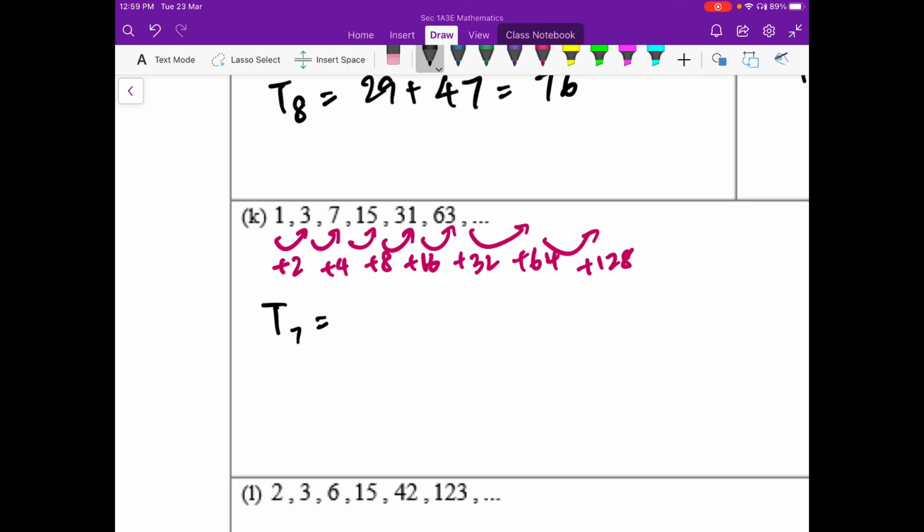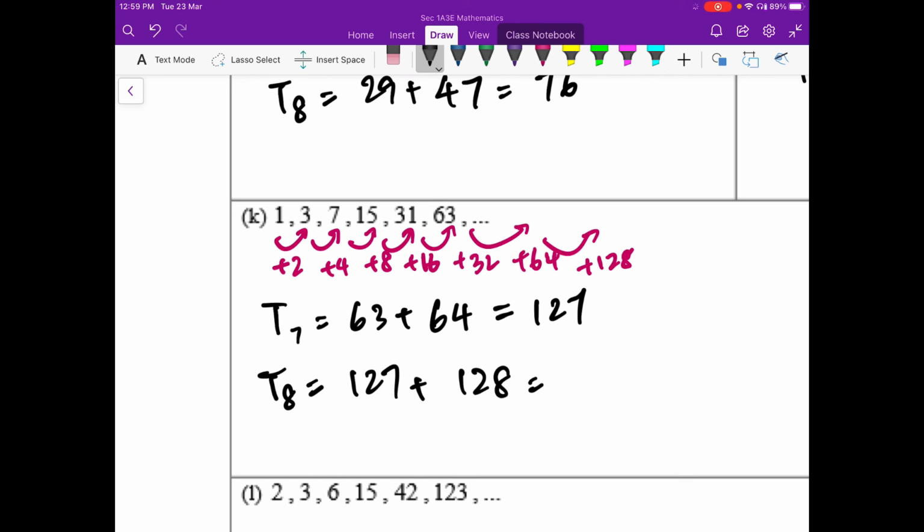Term number 7 will be 63 plus 32 to give us 95. No, not plus 32, plus 64. I've already done this. Okay, because I didn't have space, so the numbers got bigger and bigger. So this is 127. And term number 8, 127 plus 128 to give me 255.